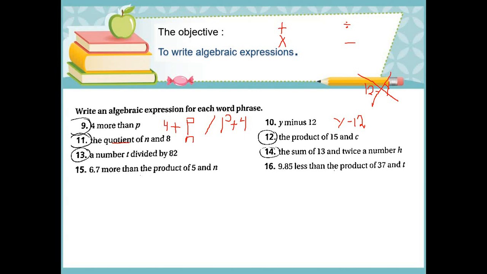You get first n, so n divided by 8. Or you can write it as a fraction, n over 8. A number t divided by 82. So t divided by 82. You can write it in another way, t over 82.